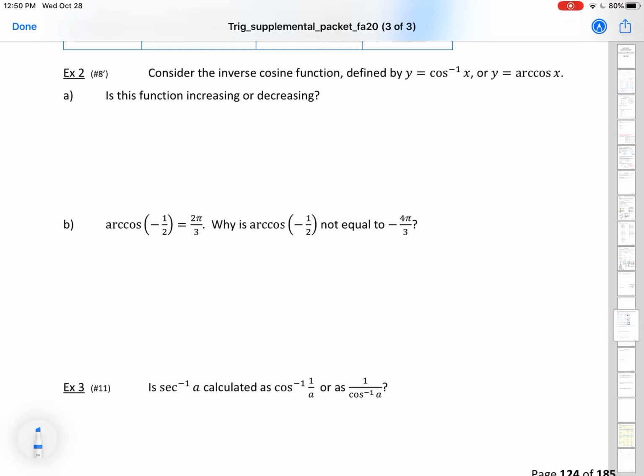So they want us to consider the inverse cosine function defined by y equals cosine inverse of x. Is this function increasing or decreasing? So let's remember what this function's doing.